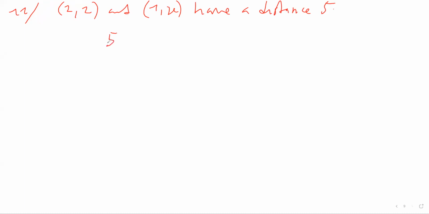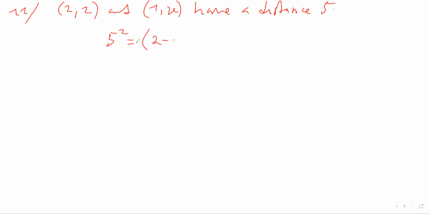So we have the point (2, 2), and the point (1, x) have a distance 5. Find x.